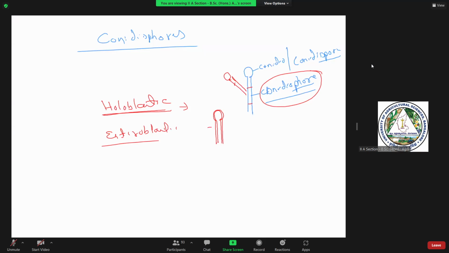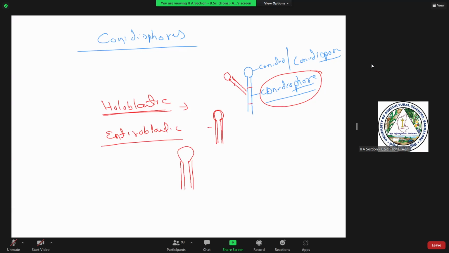Another one is enteroblastic. In the case of enteroblastic, only the inner portion, the inner wall of the conidiophore, helps in the formation of a conidium.